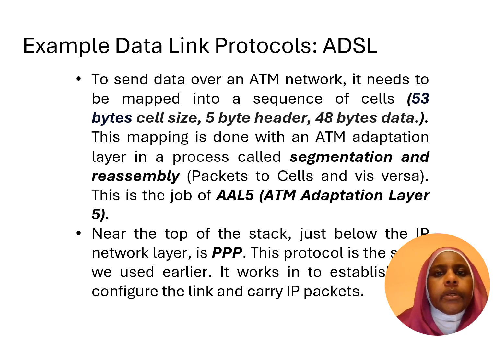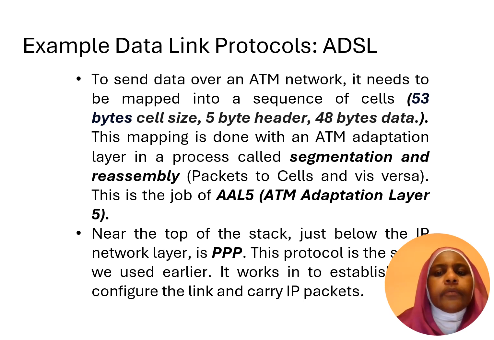And if you remember, we've said that the maximum payload size for the point-to-point protocol can be up to 1500 bytes. So 1500 bytes should be mapped into 48-byte data cells. This is a process of segmentation and reassembly, and it's the job of ATM adaptation layer 5.